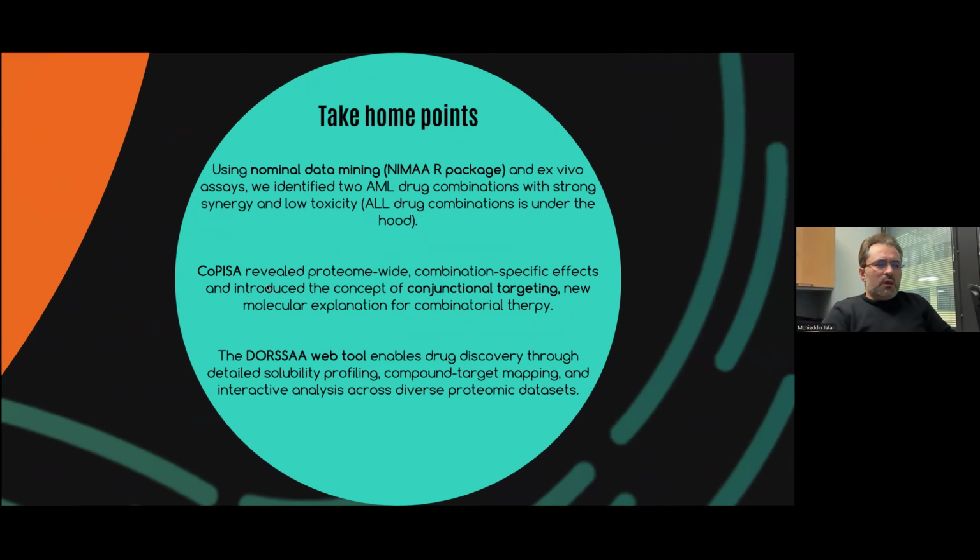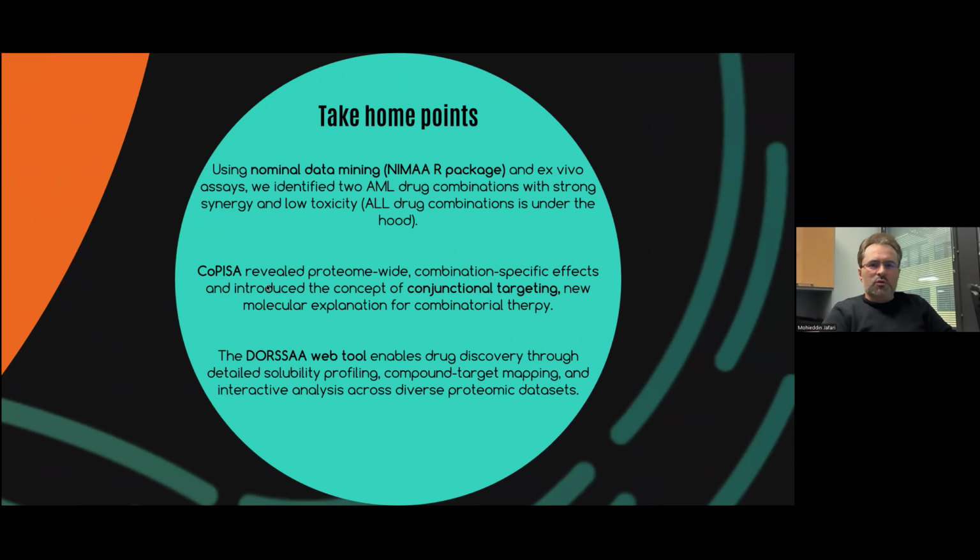Okay, so as a last slide, I would like to summarize my talk in three points. First, we introduced network data mining, which is represented in the NEMO-R package. There are several applications that you can check, and one of them is to propose combinatorial therapy.